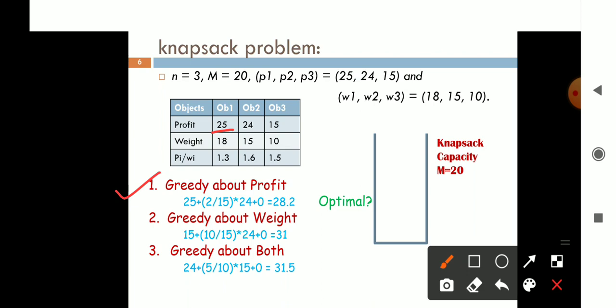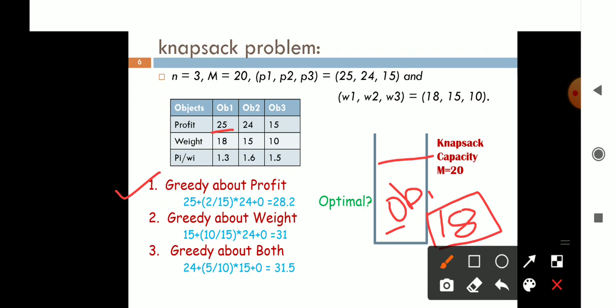Object 1 has the maximum profit, so I am going to put that into my bag. Object 1 is put into the bag, and the weight is 18 out of 20. So 18 of 20 is now filled when we put object 1 here.